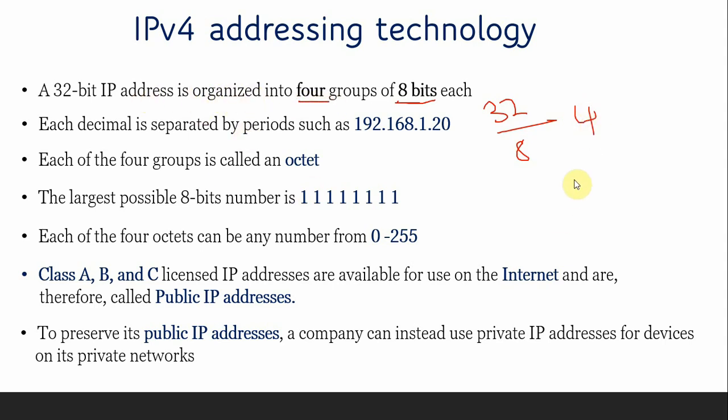Let's say group A, another group B, another group C, and another group D. These are the 4 groups that we have, and each group is a decimal value. It could be like 100, could be like 200, could be like 500, 100. They are all decimal values. Each decimal is separated by a period, which means each group here is separated by a period.